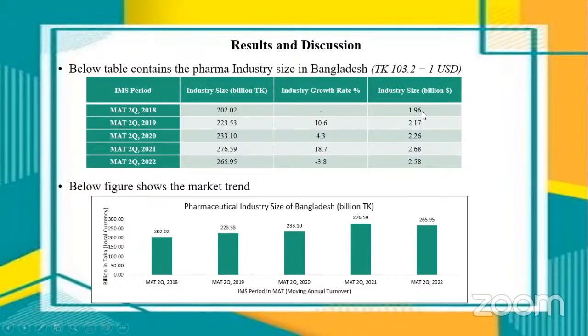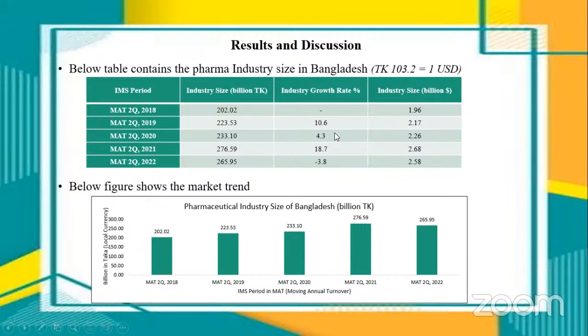At present, the US dollar is fluctuating very much due to different national and international reasons. In the last MAT 2Q 2022, the industry size was 265.95 billion taka, and it was 2.58 billion dollars. And in the last MAT, the industry growth is negative.